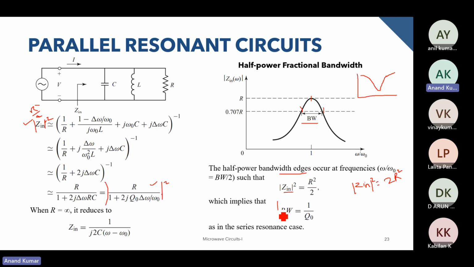So the bandwidth will turn out to be 1 by Q naught. Although the circuit changed and this plot changed, the bandwidth comes out to be the same as in the series resonance case.